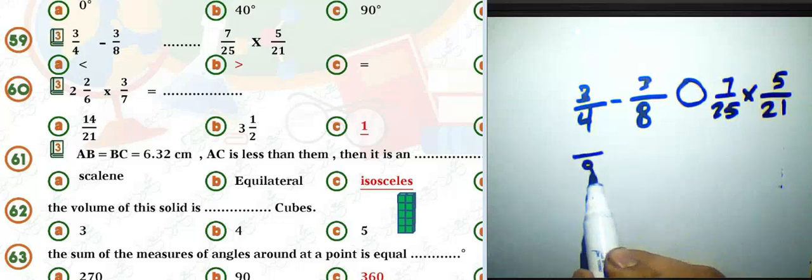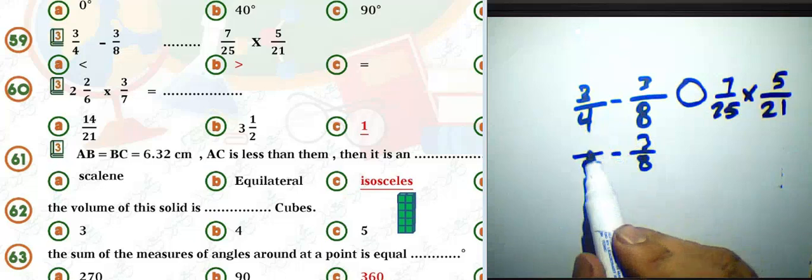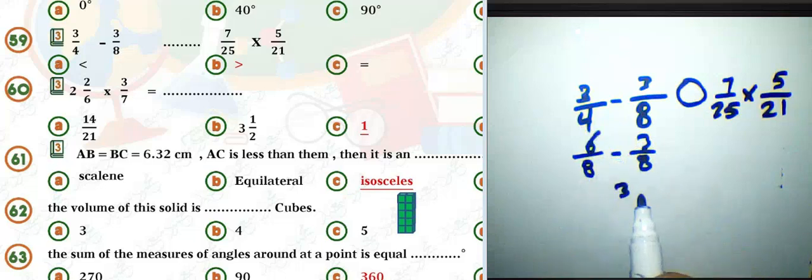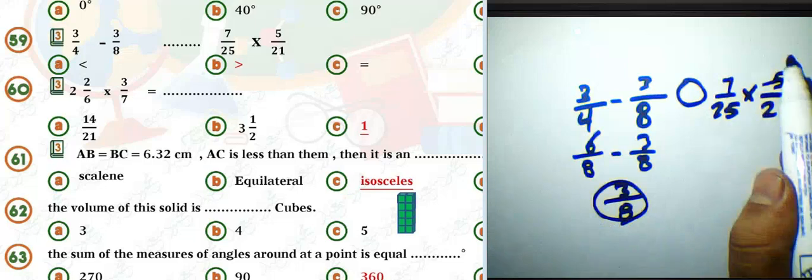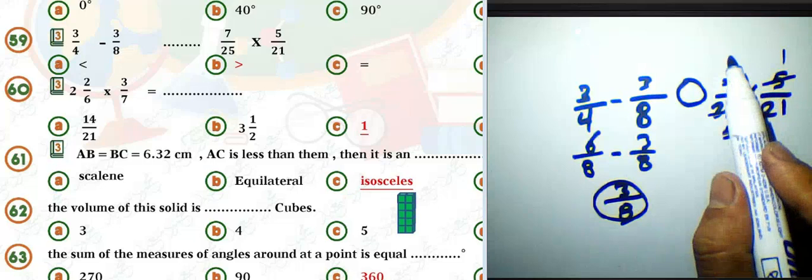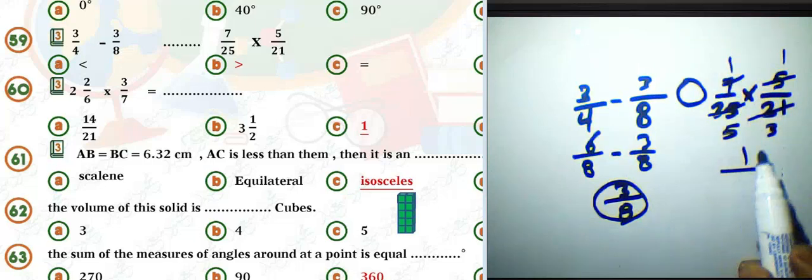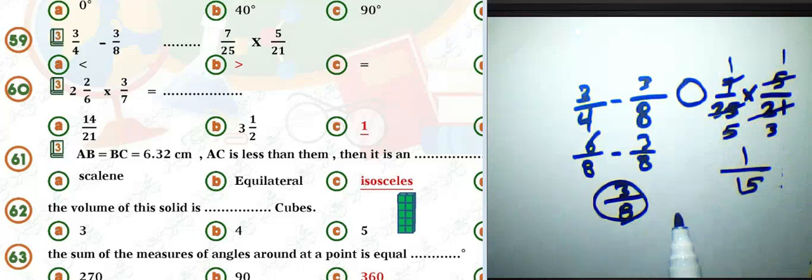It will be 8. And 2 times 4 equals 8, 2 times 3 equals 6, 6 minus 3 equals 3, the result will be 3 over 8. And 5 divided by 5 equals 1, 25 divided by 5 equals 5, 7 divided by 7 equals 1, 21 divided by 7 equals 3, 1 times 1 equals 1, 3 times 5 equals 15.